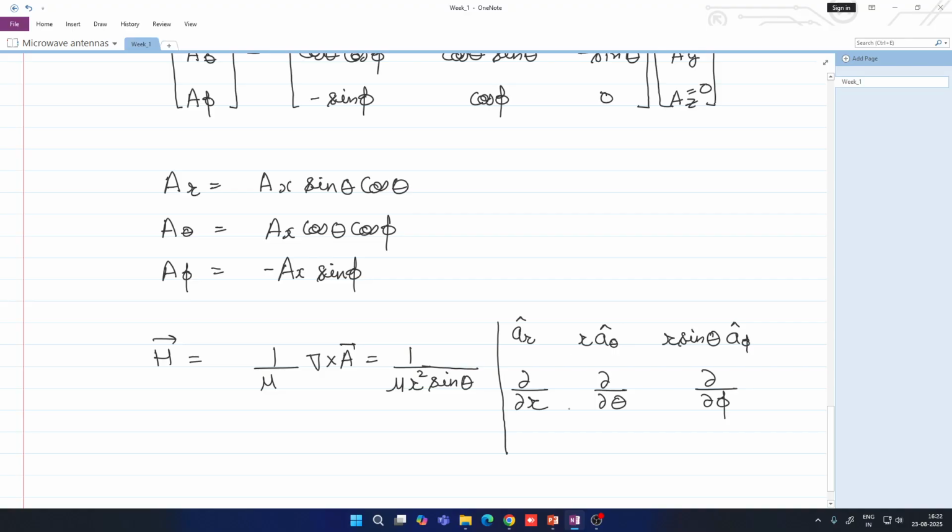I hope everybody knows this. Nothing special. I'm just taking the curl of a vector which is written in the spherical coordinate system.